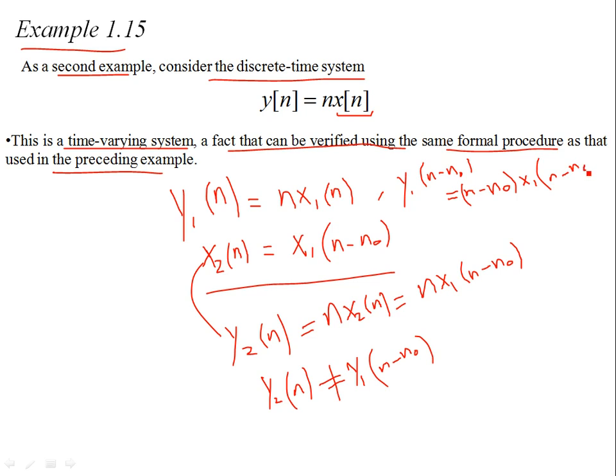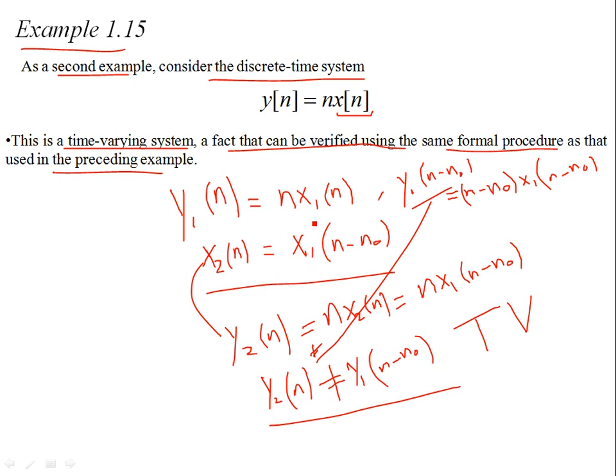So now you see that y1[n minus n naught] is not equal to y2[n]. We can't equate these two expressions, so the equality doesn't hold. This means the system is time varying.